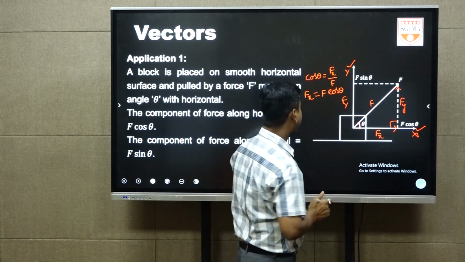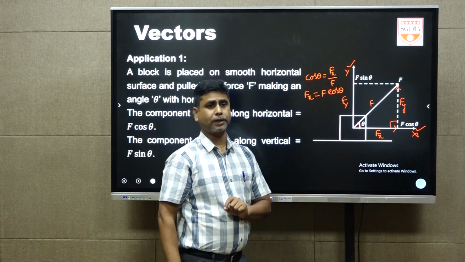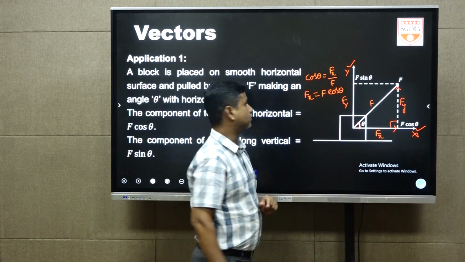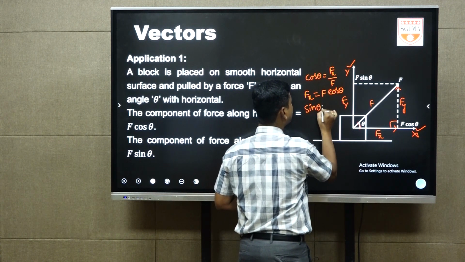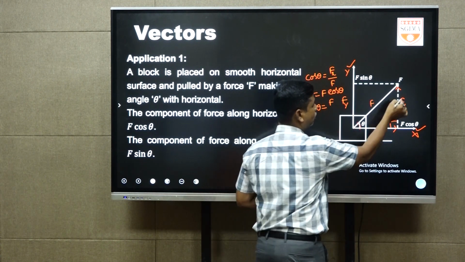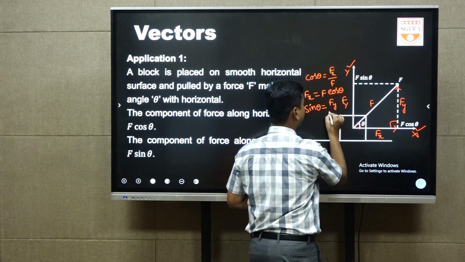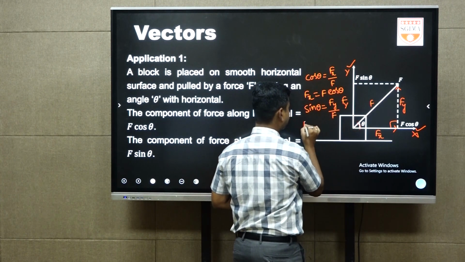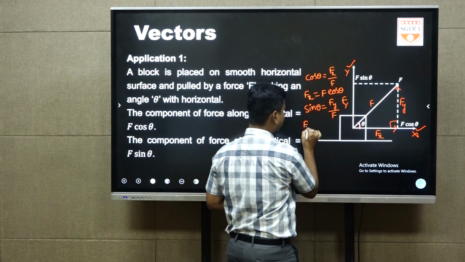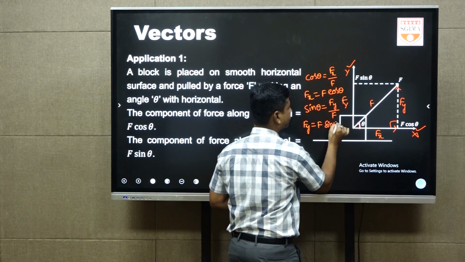Next, find the vertical component. How to find the vertical component? For calculating the vertical component, prefer the sine function. Sine theta equals opposite with respect to theta, that is Fy, upon hypotenuse F. Doing the cross multiplication, Fy equals F sin theta.